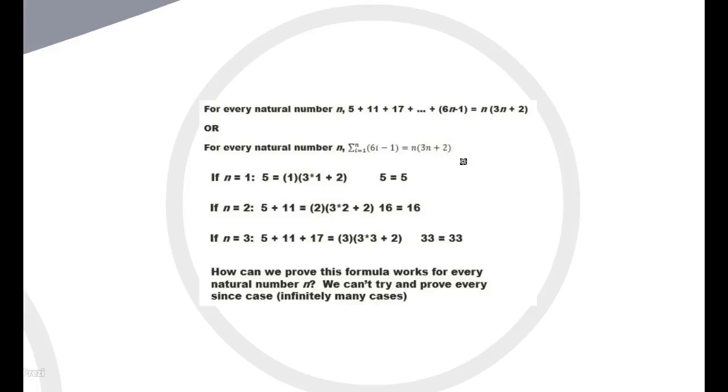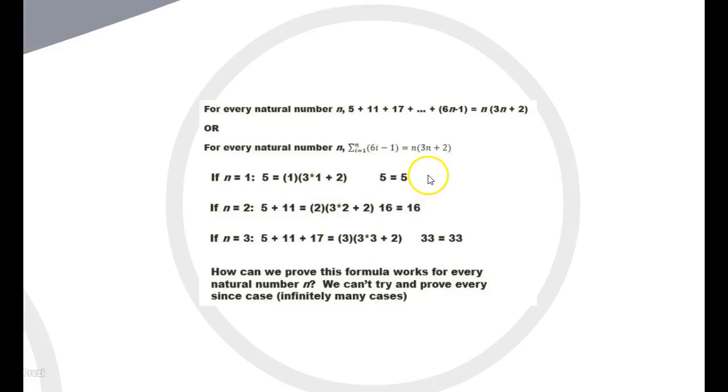Well, how can we prove that that formula works? Well, we could say, all right, I bet it works for n equals 1. So if I have n equals 1, that means the only thing we have on the left-hand side is one term, which is 5. If I substitute 1 into the sum formula, notice that that also gives me 5. So hey, this formula works for n equals 1.